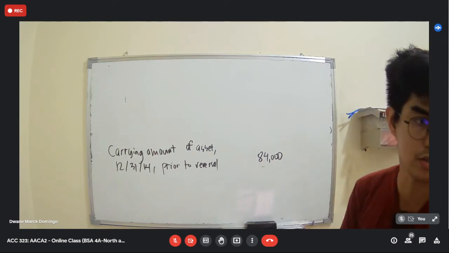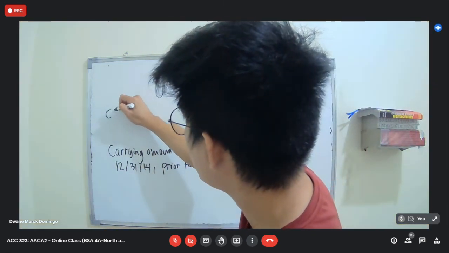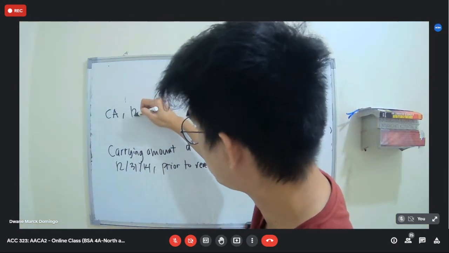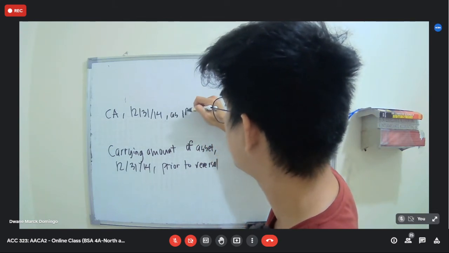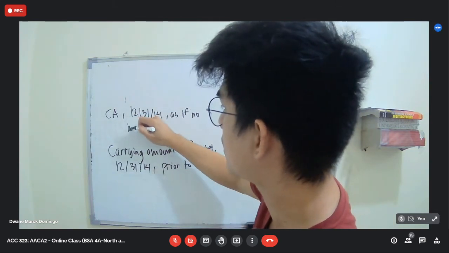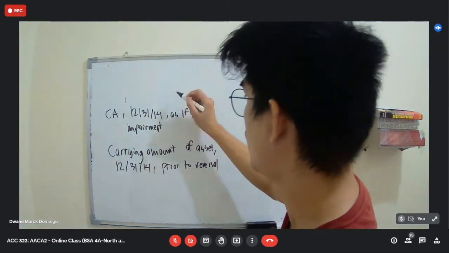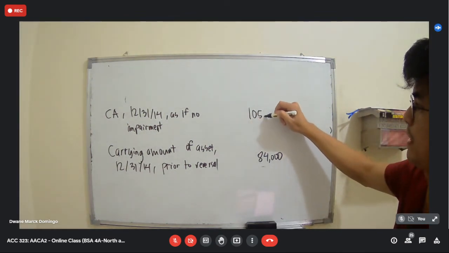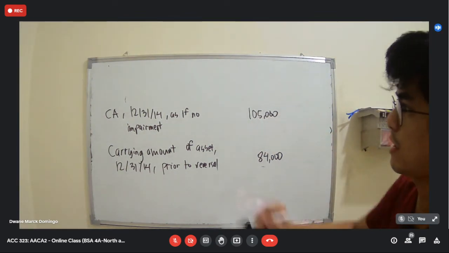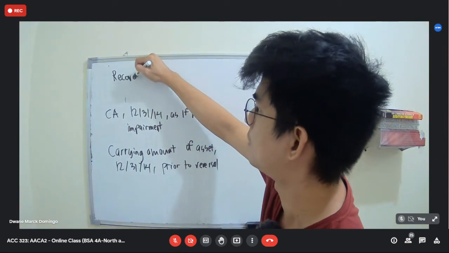So 84,000. And then meron tayo ditong carrying amount as of 12/31/2014 as if no impairment was made. So, anong amount no? 105,000. And then meron tayo dito sa taas, recoverable amount.